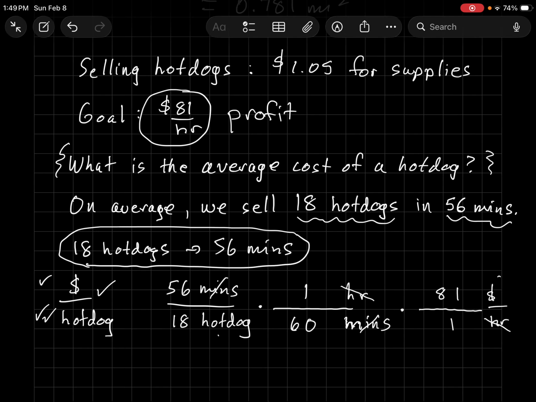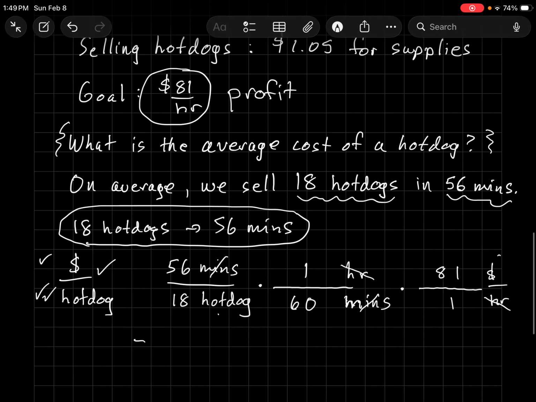And once again, let's just multiply everything together. So I have 56 times 81, and we'll divide it by 18 times 60. And we get $4.20 per hot dog.